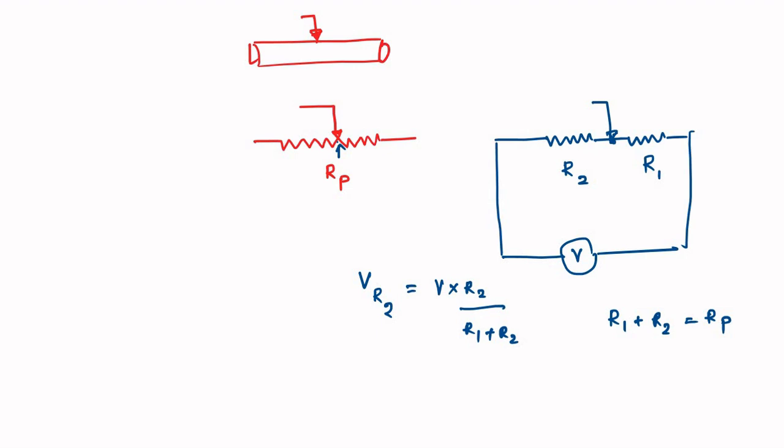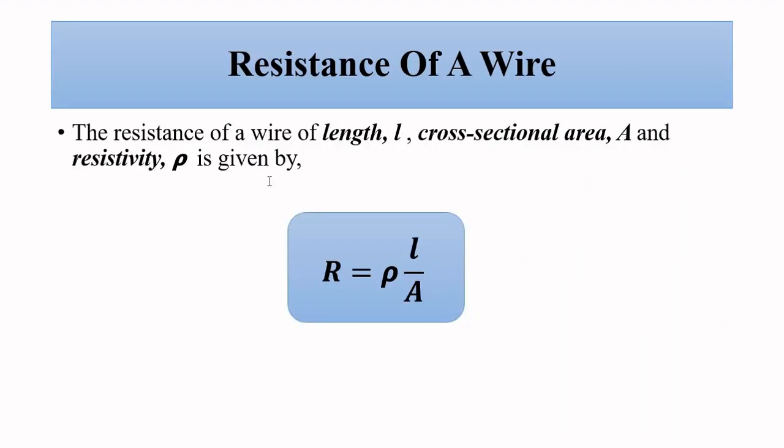Now we know that the resistance of a wire of length L, cross-sectional area A and resistivity rho is given by R equals rho L by A. Here, for the total resistance of the potentiometer, the mandrel, the resistivity is fixed and the area of cross-section is fixed.